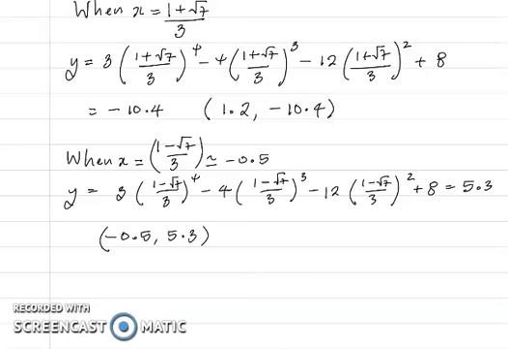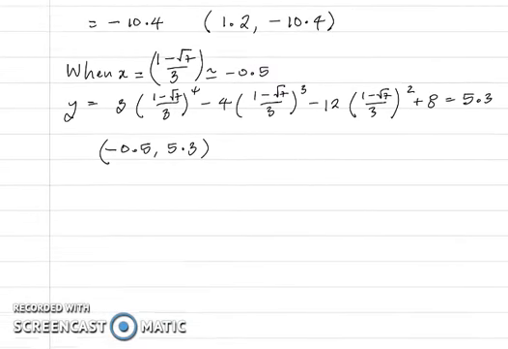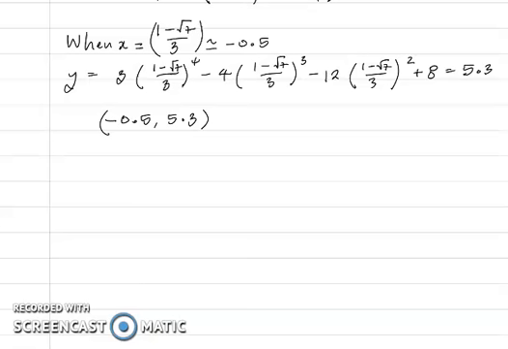And of course, the next thing we're asked to do is to classify these points. So to classify these points, we're going to use the second derivative test. We already found the second derivative, d2y by dx squared, so we actually have it up there.